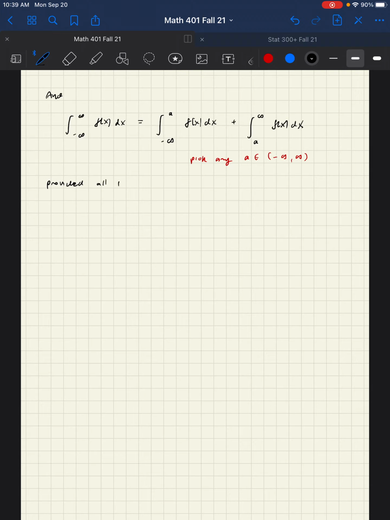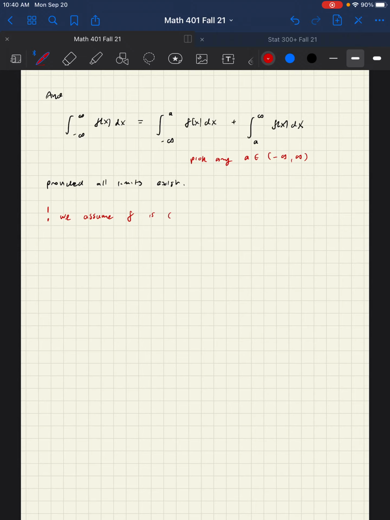You can pick 0 or some convenient number that splits it. And this only works provided all the limits exist. If one of them doesn't exist, then the whole thing blows up, it diverges. So this only exists if both of these two improper integrals that we split it up into converge.